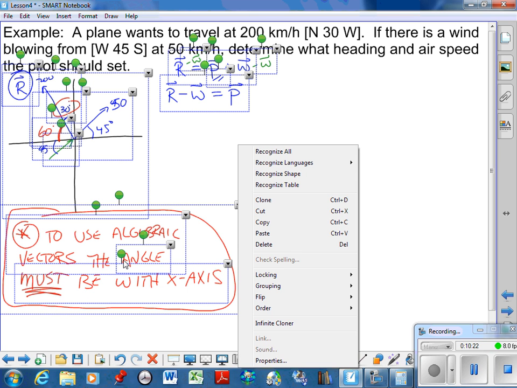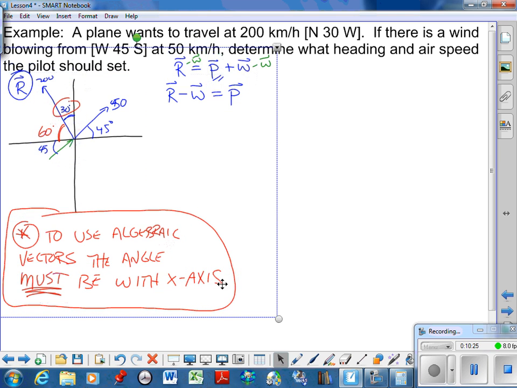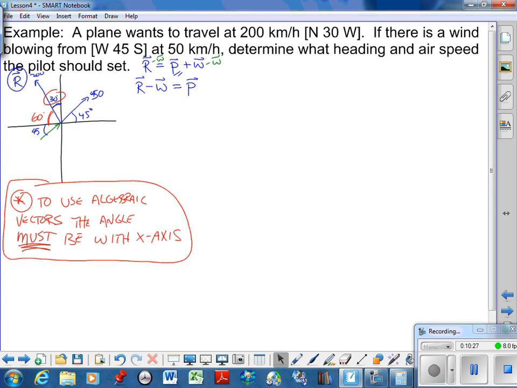So, that being said, I'm just going to shrink this a little bit to give me some room. That means that I'm going to follow that formula. Resultant minus wind is going to give me the plane vector, or the vector where the plane should travel. So going through that, 200 cos 60 with our new angle, and it's negative because it's in that quadrant.